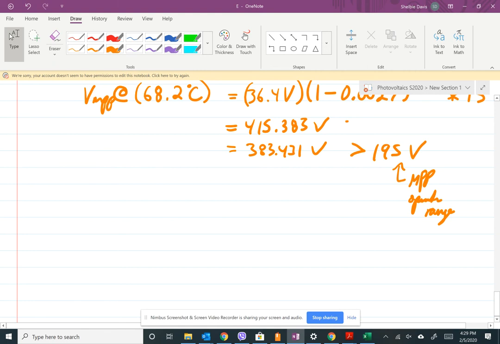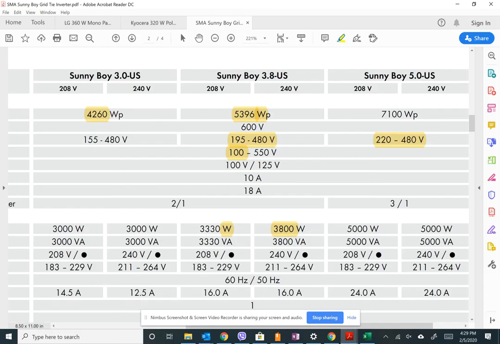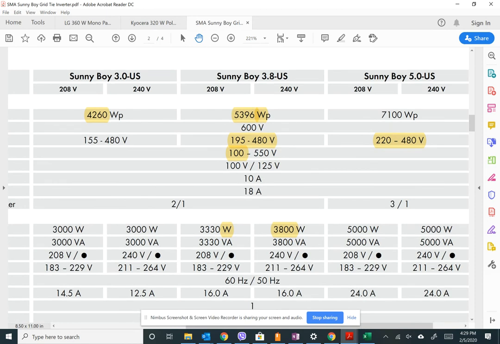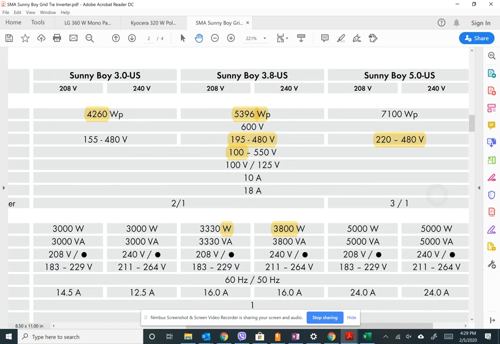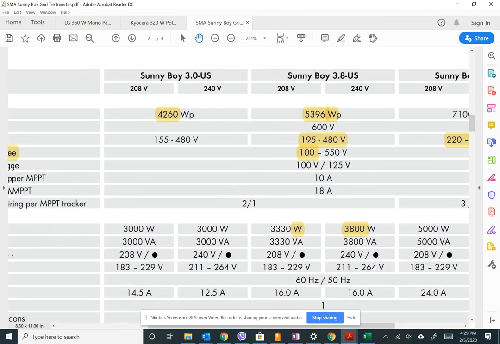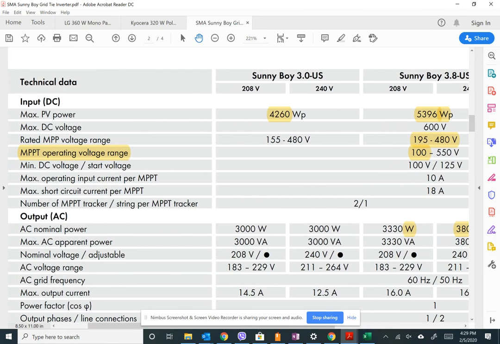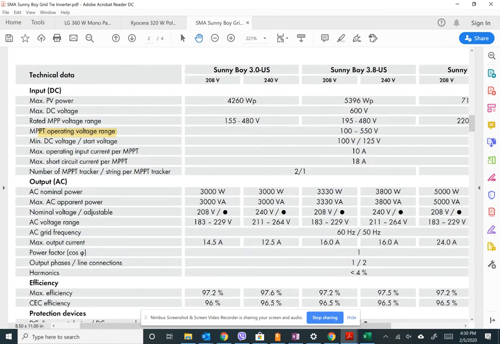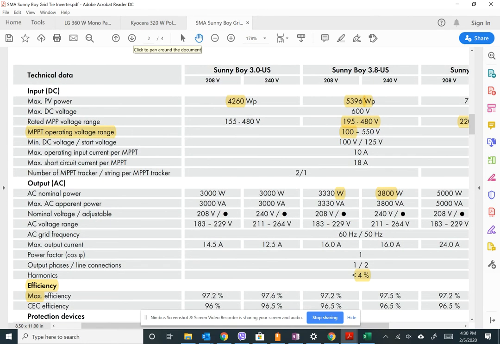So, if I go back to my sheet here, AC nominal power is 3,800 watts.